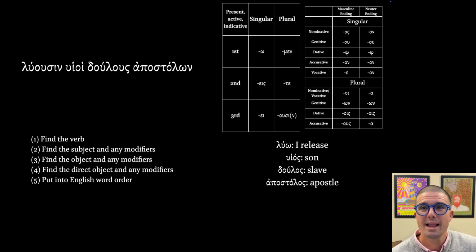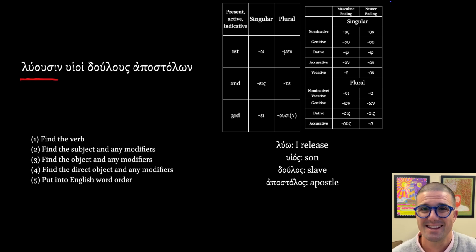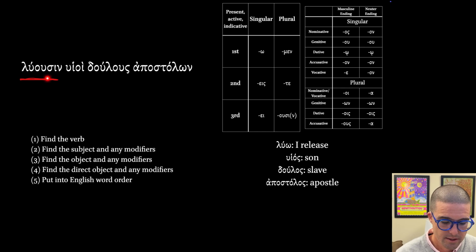All right, one last one. Go ahead and one more time pause and see if you can make heads and tails of this sentence, finding the verb, finding the subject, finding the object. So our verb, once again, I've made things nice and easy for us here, is the first word in the sentence, lusin. So that usin ending, and notice the movable nu here with the vowel that starts the next word.